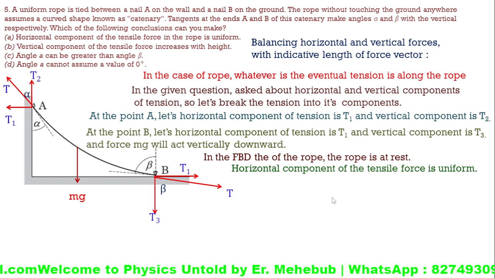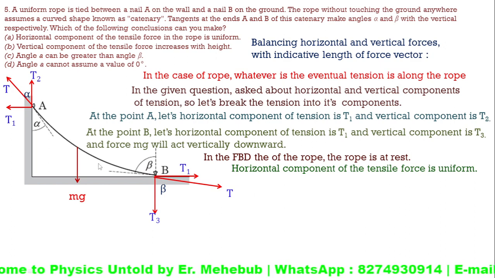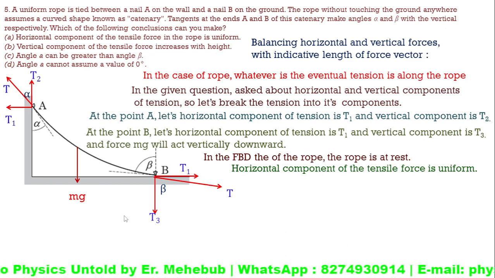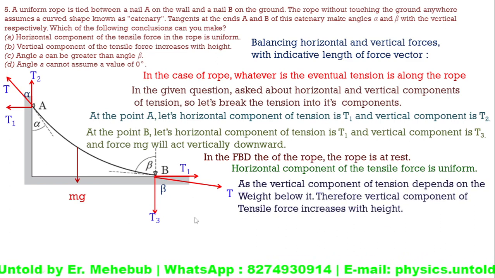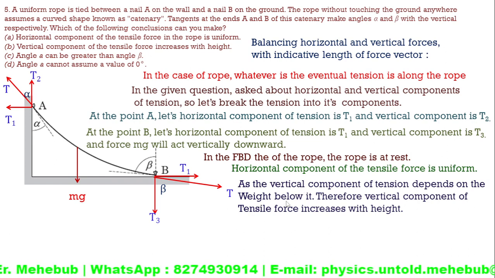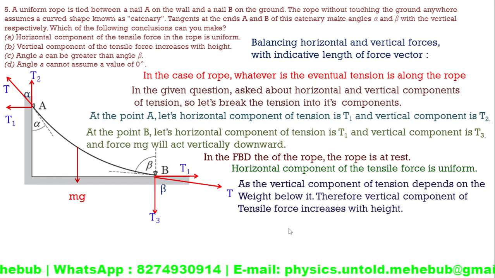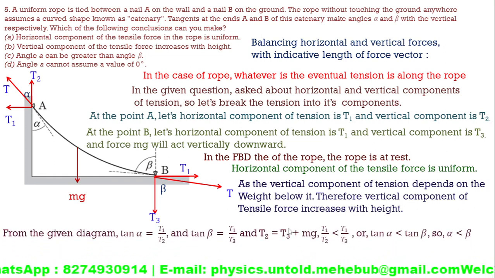The horizontal component of the tensile force is uniform because, as we know, the tension only depends on the vertical components of the weights. As the vertical component of tension depends on the weight below it, the vertical component of the tensile force increases with height.